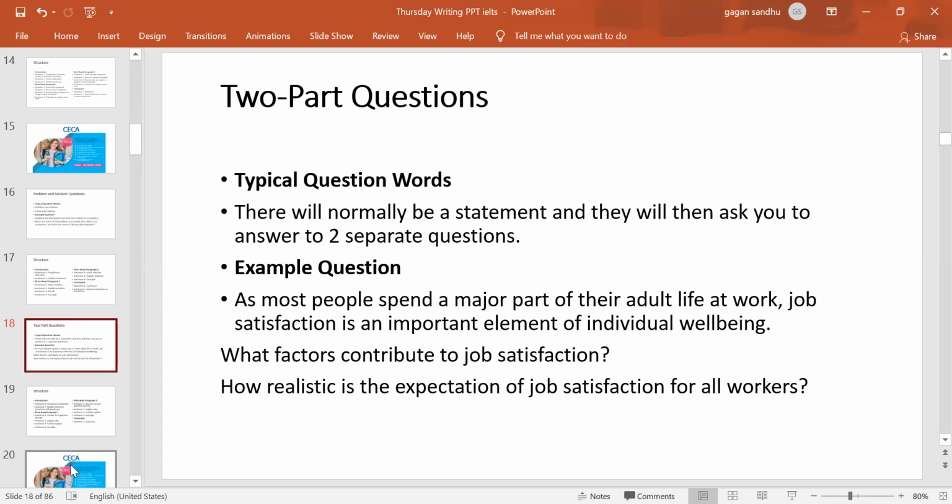What factors contribute to job satisfaction, and how realistic is the expectation of job satisfaction for all workers, right? So this is the two-part question, and it is most common in the General exam. But yes, this doesn't mean that such a question cannot be there in the Academic one, but they are rare in Academic, more in General. So here the structure goes.